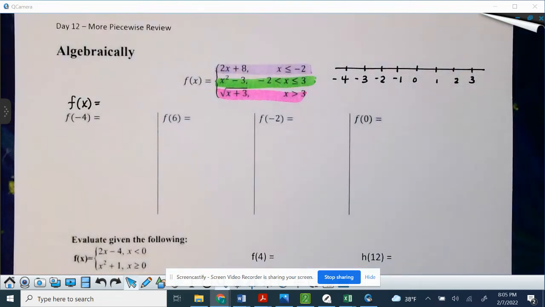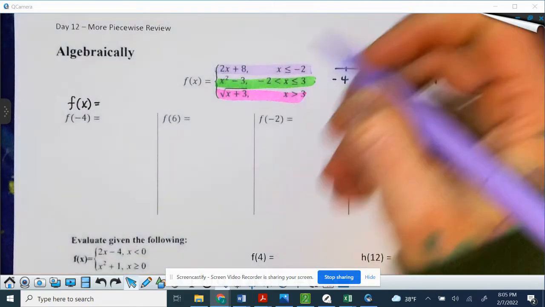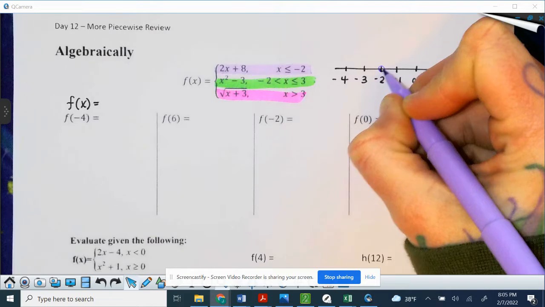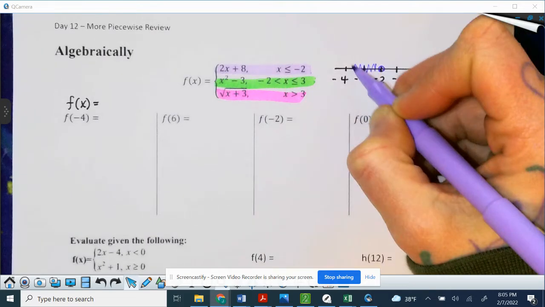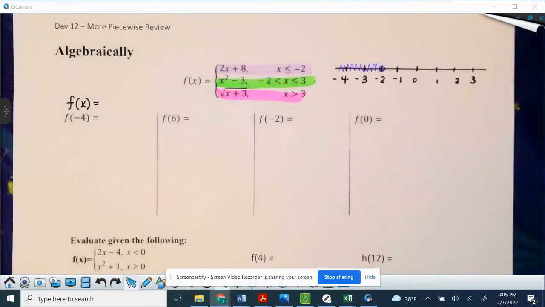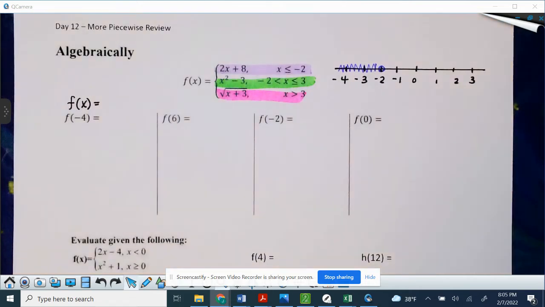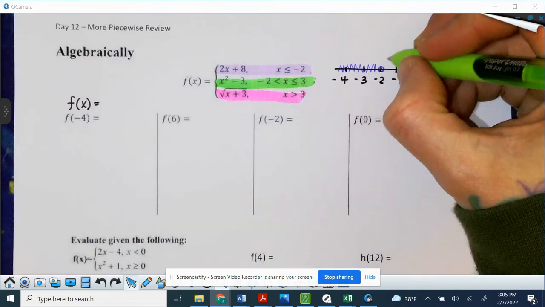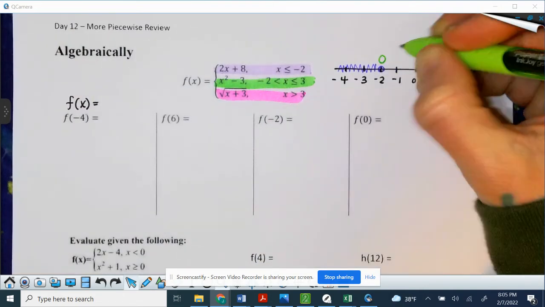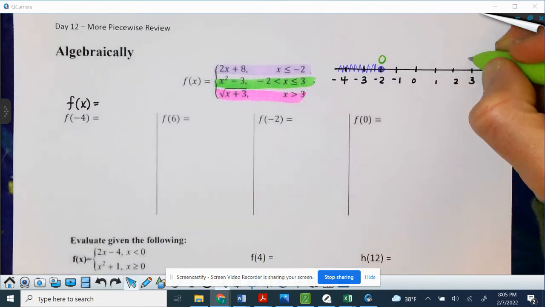Our purple function is going to be a closed circle at -2, and then all the numbers that are this way, if we were to look at it as a flat number line versus your coordinate plane. It's the same difference, you're still looking at the bottom. Your green is going to be an open circle at -2, that guy doesn't count, and then all the way to +3 with a closed circle because of your equal to.